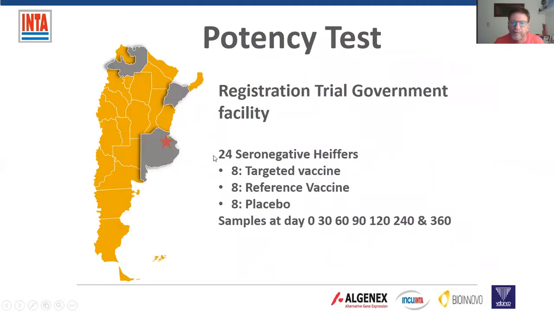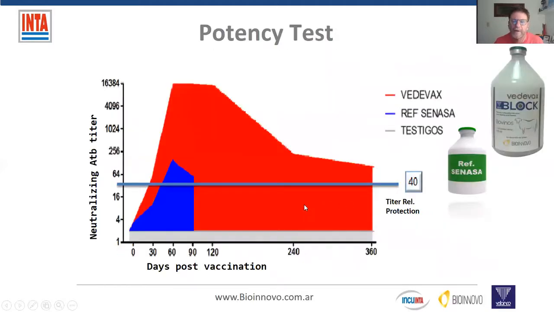In this one, we tested 24 animals: 8 animals with our vaccine, 8 animals with the government vaccine, the reference vaccine, and 8 animals without vaccine. And we evaluated the immune response during 1 year. And these are the results. They are really different in the immune response when you compare with the reference vaccine.